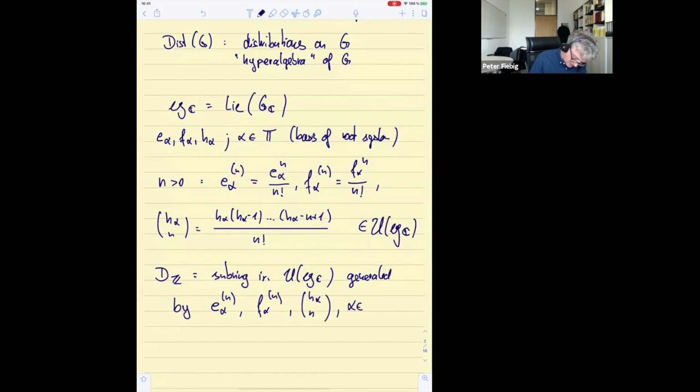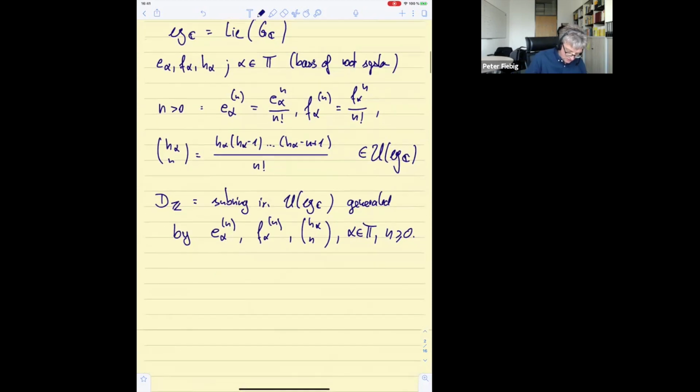So if alpha is a simple root and n is bigger or equal to 0, then they are all 1. So this is an integral form of this enveloping algebra.